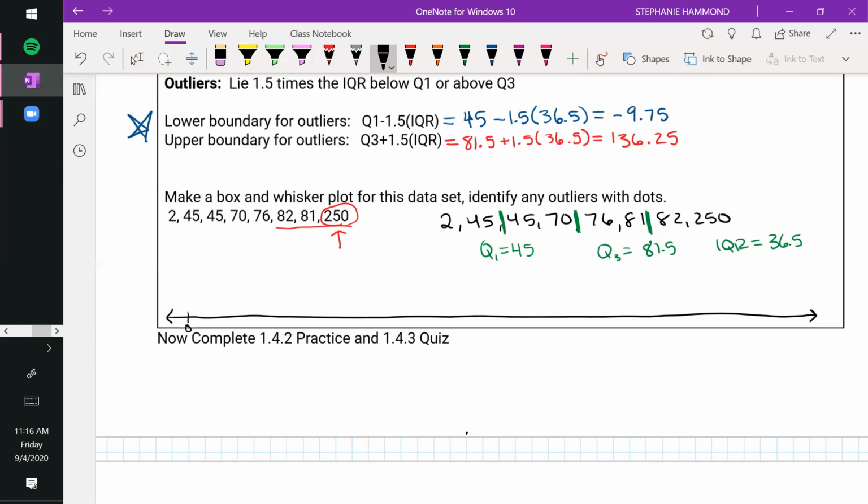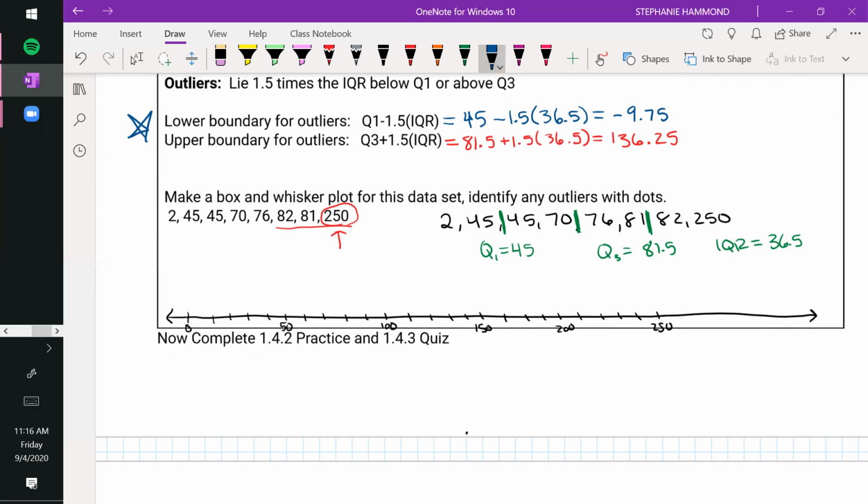So 0, 10, 20, 30, 40, 50, 60, 70, 80, 90, 100, 150, 200, 250. There we go.